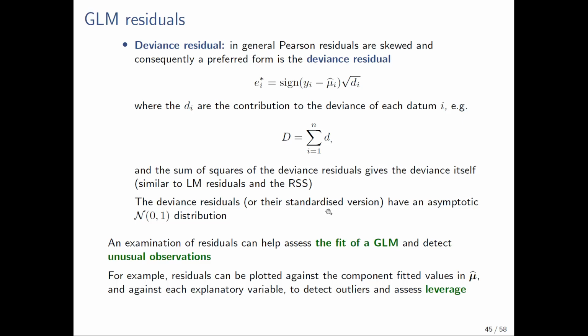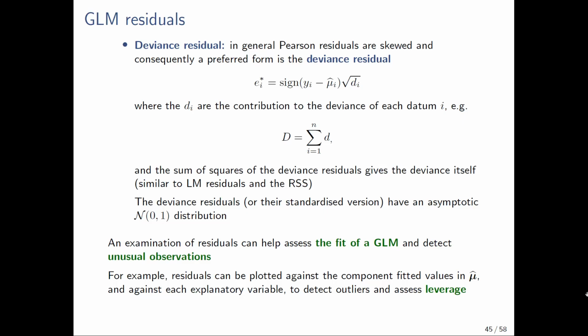And the third type of residual I want to talk about is called the deviance residual. In general, Pearson residuals are skewed, and consequently, a preferred form is called the deviance residual. It is the sign of the response residual, positive where we're underpredicted, negative when we're overpredicted, times the square root of d_i, where d_i is the contribution of datum i to the deviance.